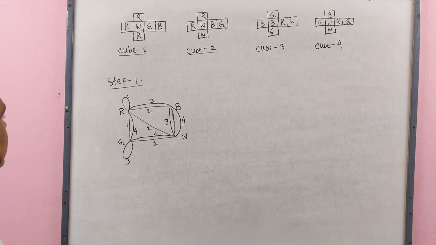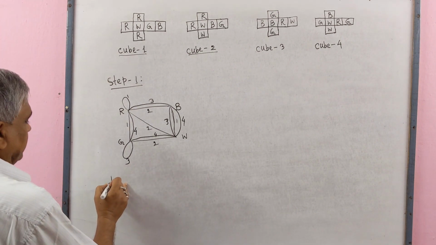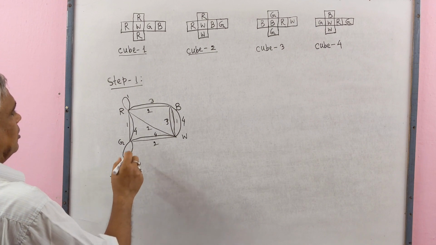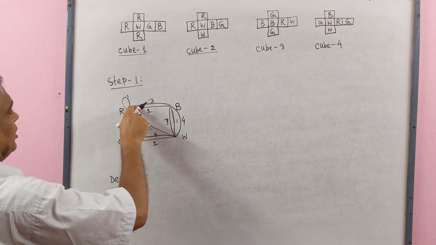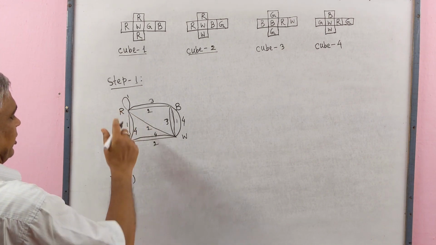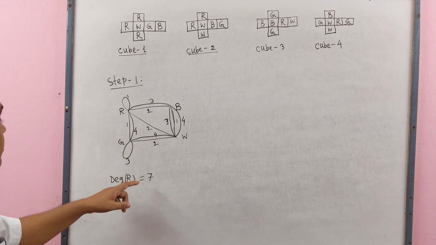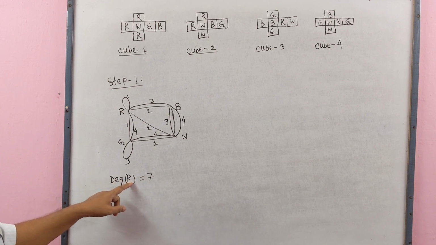Here we see that the degree of R is, with the self loop counting 2, then 2, 3, 4, 5, 6, 7. That means 7 faces are red colored.